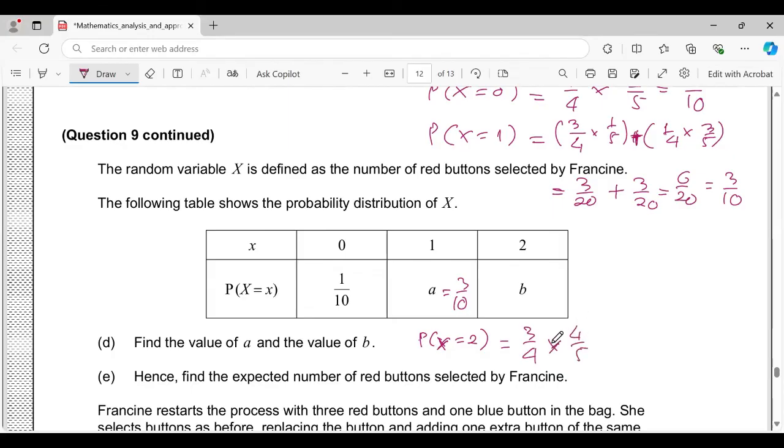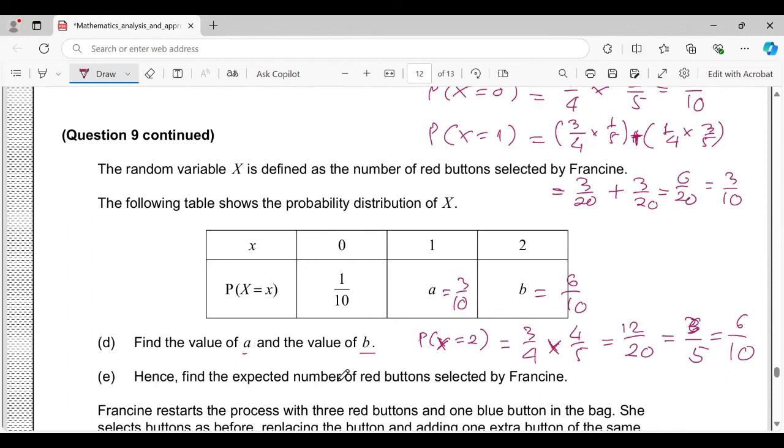You can evaluate on that diagram. 12 over 20 or simplify, divided by 4, 3 over 5, or 6 over 10. Same, I think. So this is 6 over 10. If the denominator is 10, it becomes 6 over 10. That's A and B.